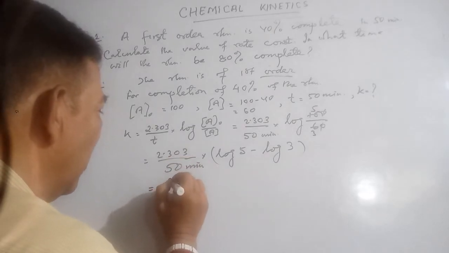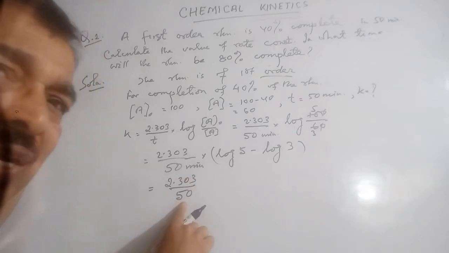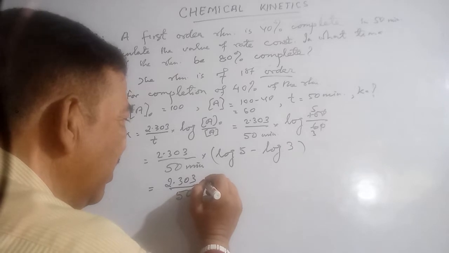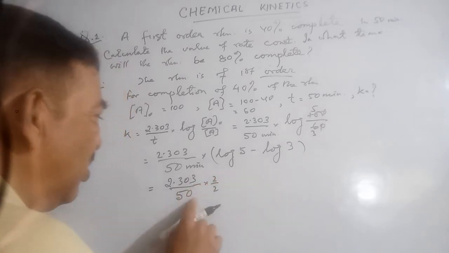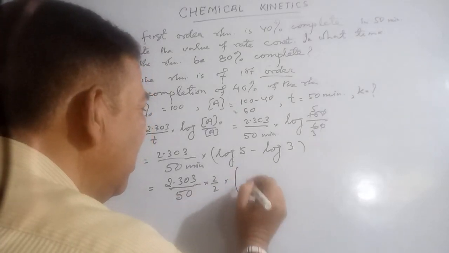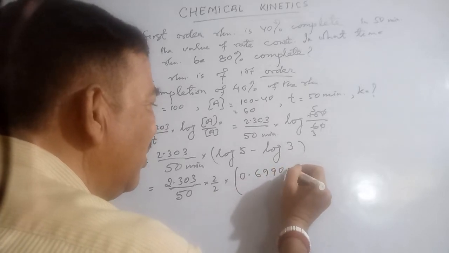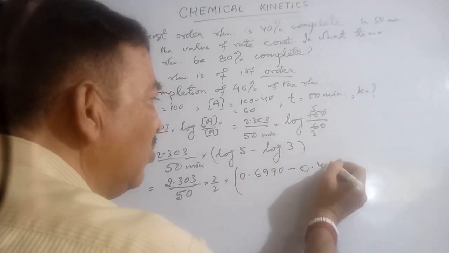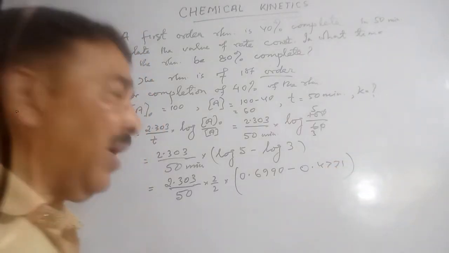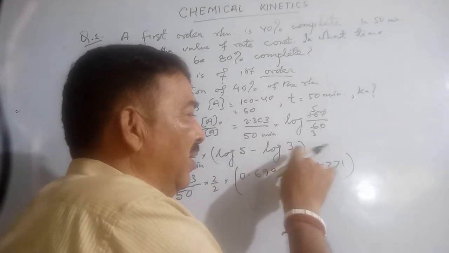So we will put 2.303 by 50. Since 50 is here, you can multiply 2 by 2 to get 100. 2 into 50 is 100, and here it will be 0.6990 minus 0.4771. Characteristic 0, and the value of log 50 will become 6990.